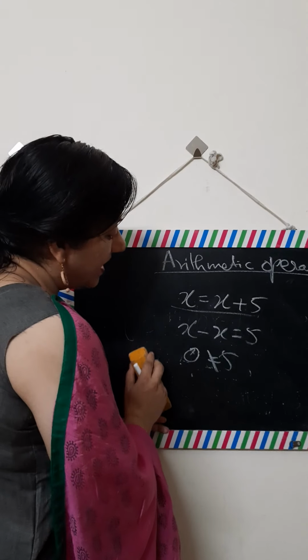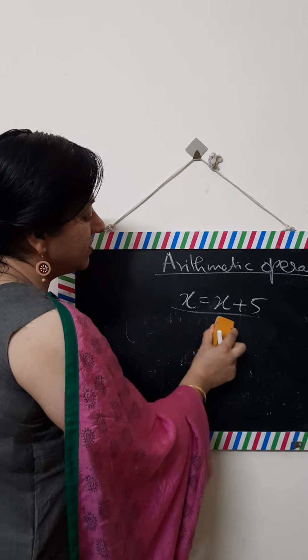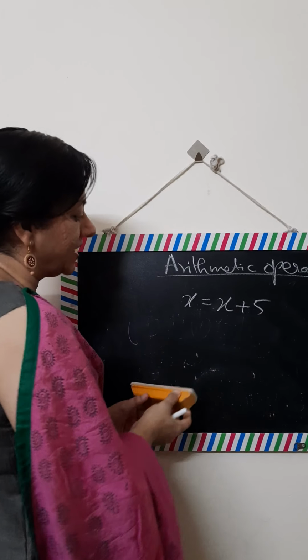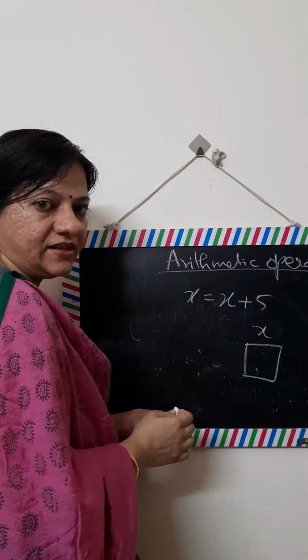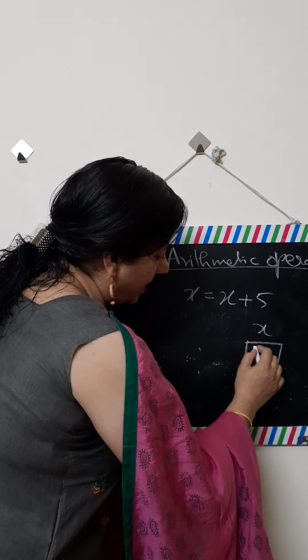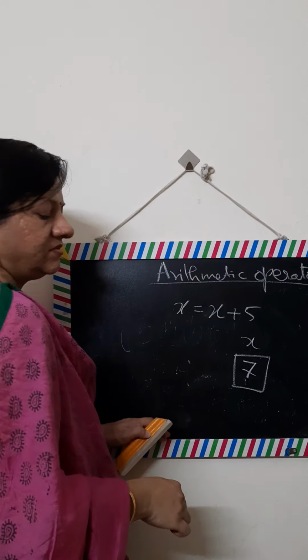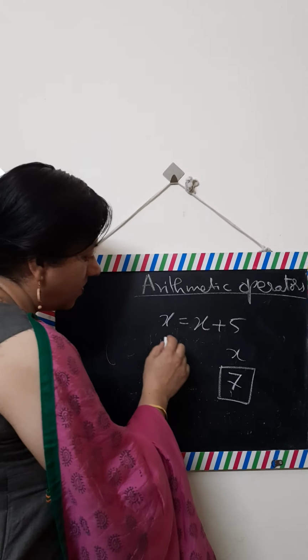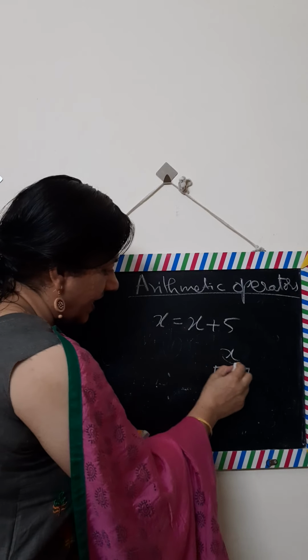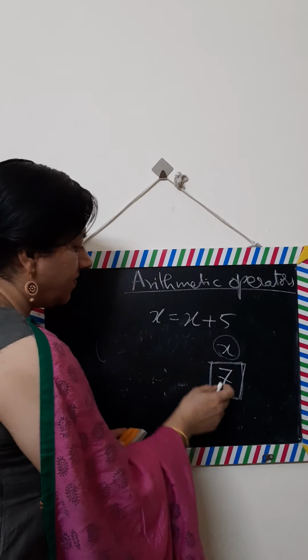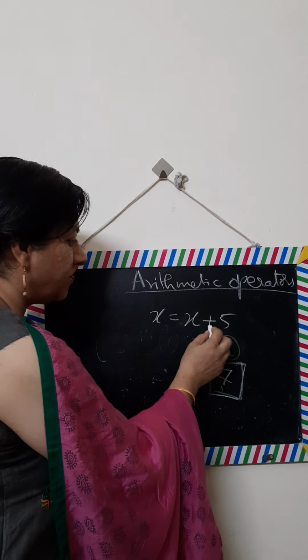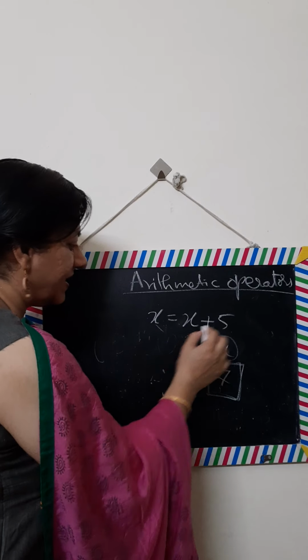Now in your computers, when you are writing this expression, it is actually saying there is one identifier called x which is having some value. Now you are saying in the same identifier, in the same position, this value of x should be added with 5 and rewritten here.